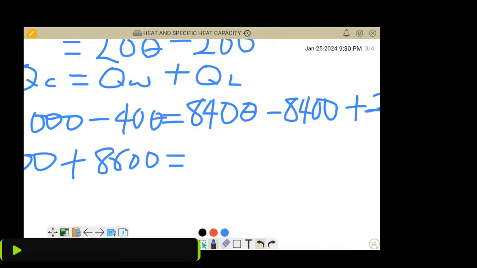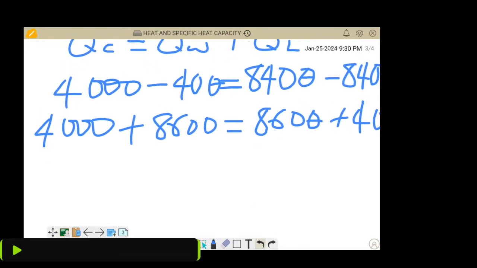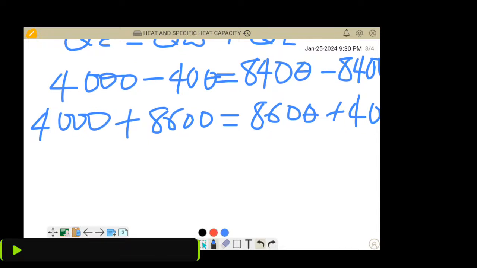Okay, bringing this minus 40 theta to the other side, we are going to have 860 theta plus 40 theta. Bringing everything together on this side, adding 4,000 to 8,600, we are going to have 12,600 equal to, on the other side, 860 plus 40 will give us 900 theta.